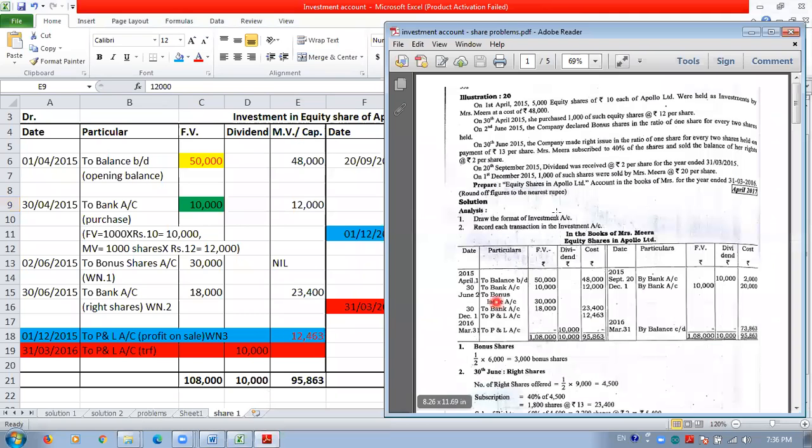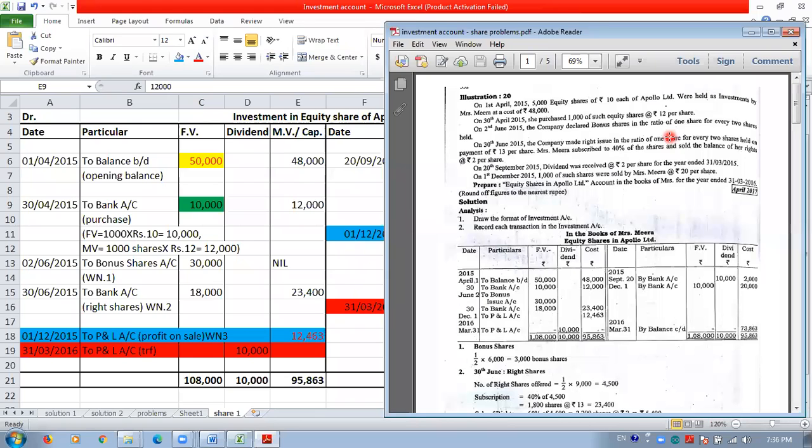So next we will move to the next transaction. On 2nd June 2015, the company declared bonus shares in the ratio of 1 share for every 2 shares held. So here the bonus is announced by the company on 2nd June 2015, and now we have to enter the bonus share entry.